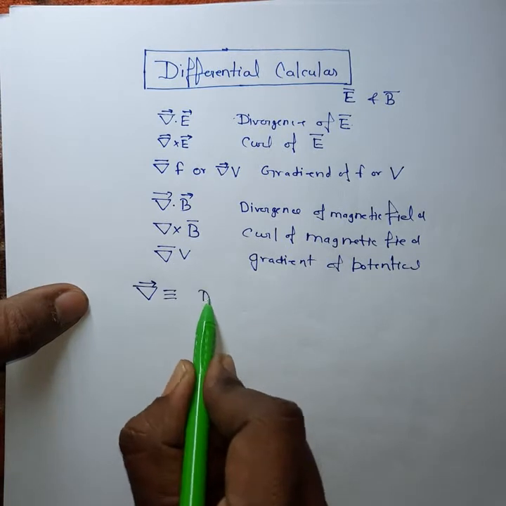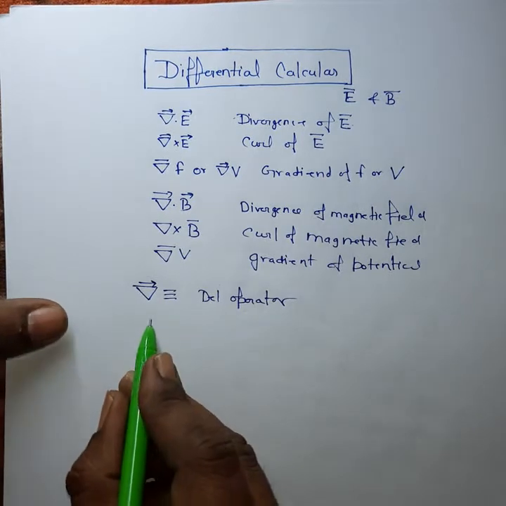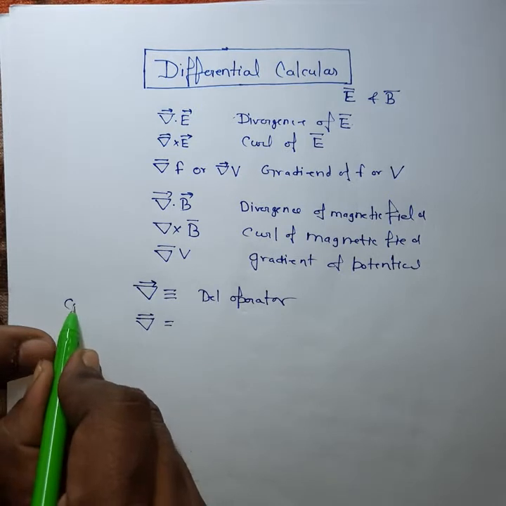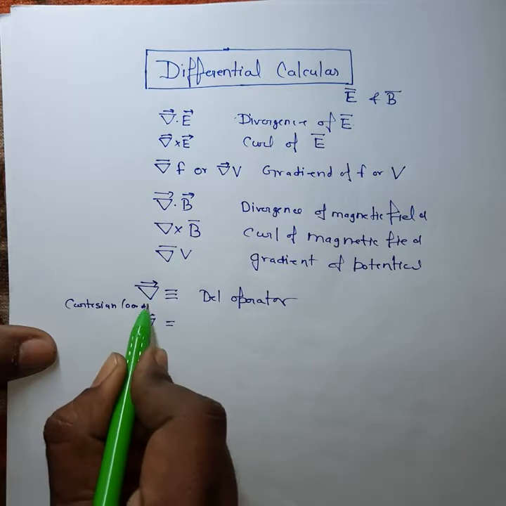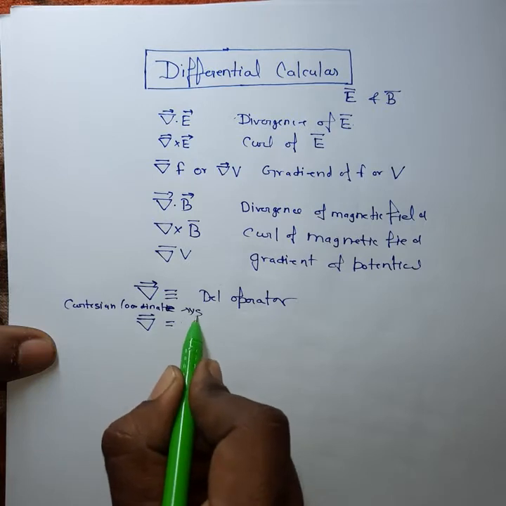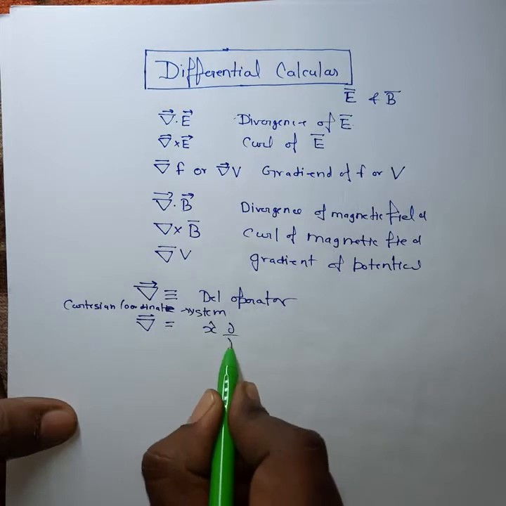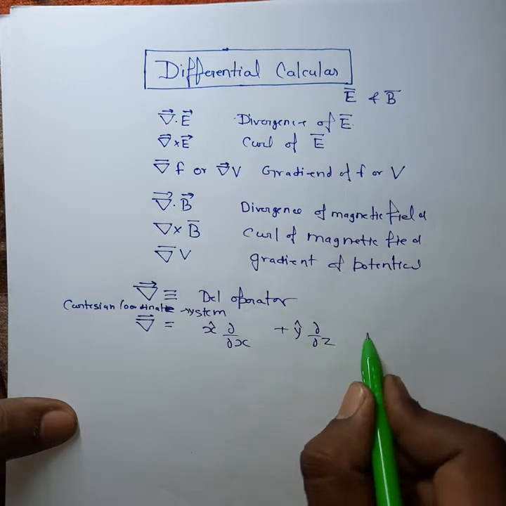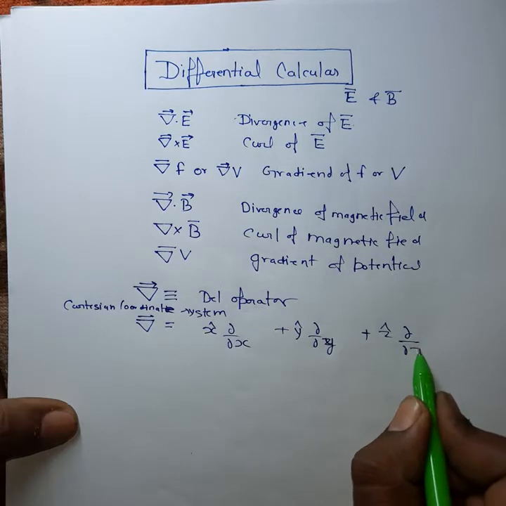This is called the del operator, and in the Cartesian coordinate system, del can be written as x cap del by del x plus y cap del by del y plus z cap del by del z.